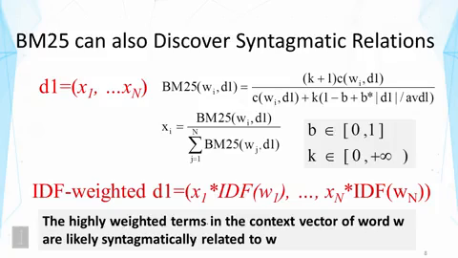Now, interestingly, we can also use this approach to discover syntagmatic relations. In general, when we represent a context with a term vector, we would likely see some terms have higher weights and other terms have lower weights. Depending on how we assign weights to these terms, we might be able to use these weights to discover the words that are strongly associated with the candidate word in the context.